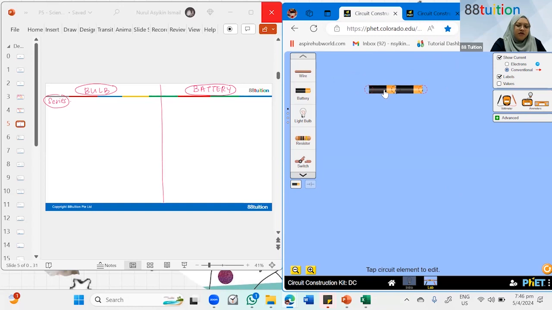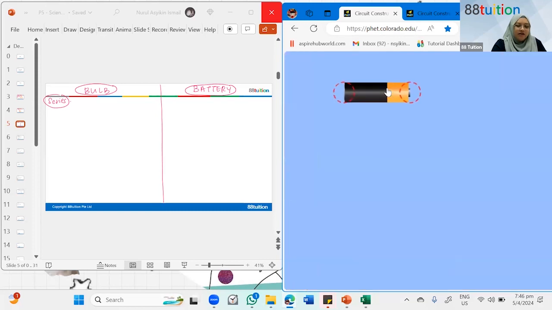Okay, the batteries, take note of the battery arrangement. Over here, if you enlarge the thing a bit, okay, I'll enlarge for you. Over here, at one end of the battery, you have a part that is jutting out a bit, correct or not? It's not totally flat, there's a little bump over there. That part of the battery is called the positive terminal. The word terminal, like bus terminal.